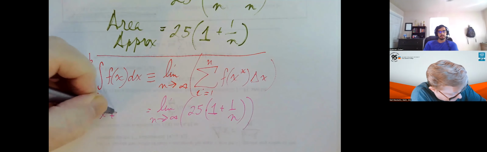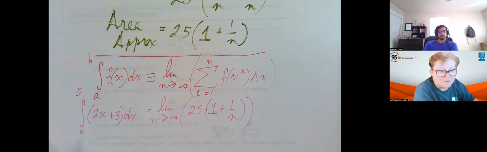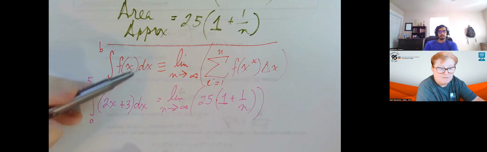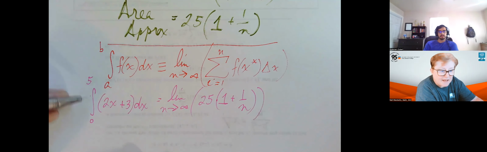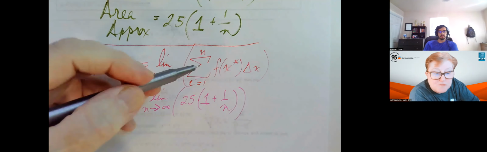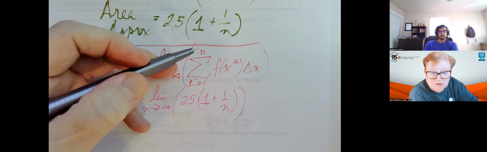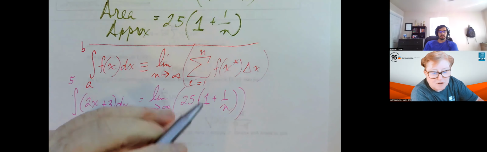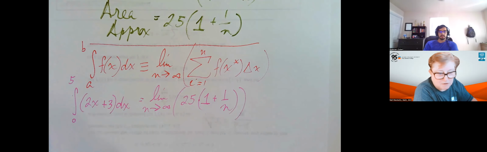Plus 3. There we go. So our f of x was 2x plus 3. We still have the dx. We had a was 0, b was 5. And our value for the summation as i goes from 1 to n of f of x star delta x is all just 25 times 1 plus 1 over n.